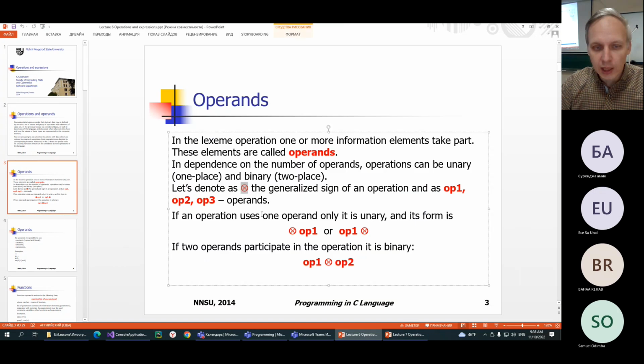Let's use this sign just as a sign of a general operation, and denote the operands of this operation as operand number 1, operand number 2, operand number 3.